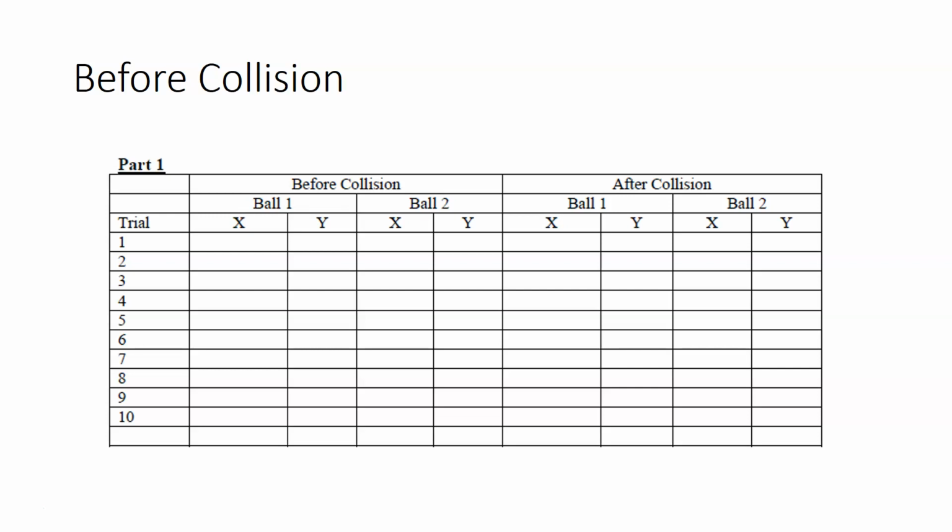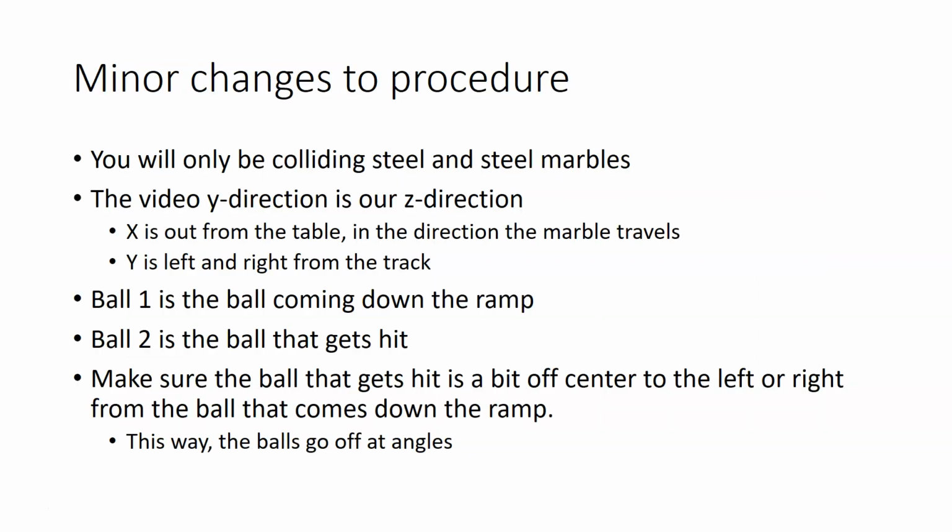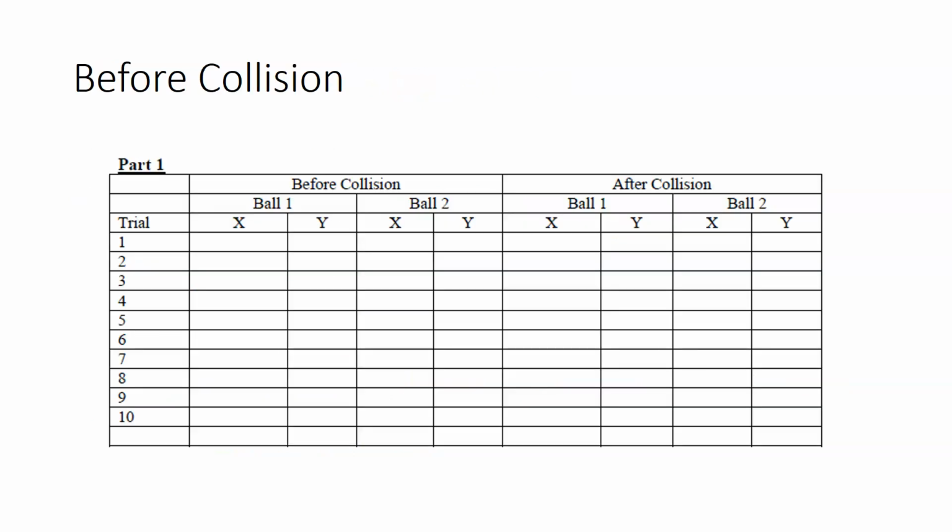Where students struggle is, what about the ball that's getting hit? Remember, ball 2 is the one that gets hit. So, ball 1, roll it down the ramp, see where it lands. With some calculation, that will tell you the velocity before it does any colliding.